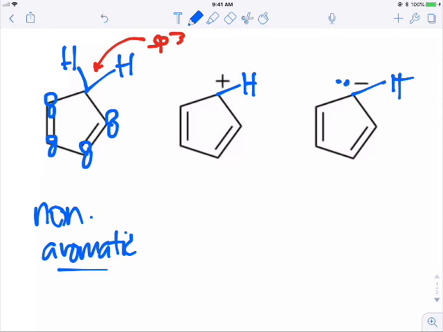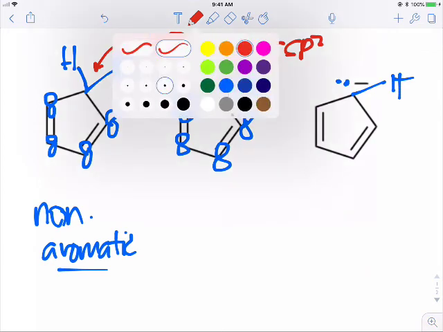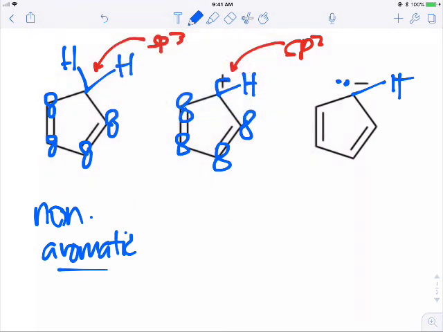All right, let's look at the cation. Similar picture. Again, we've got the p orbitals in the same places that we saw in furan and pyrrole. What is the hybridization on that carbon? It's got 3 bonds, which means that it should be sp2. It doesn't need to rehybridize or anything. It's already sp2, which is great because that gives it a p orbital.